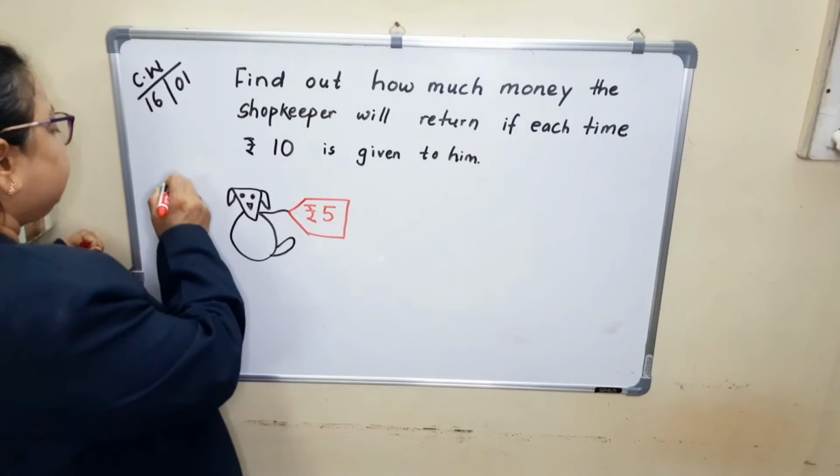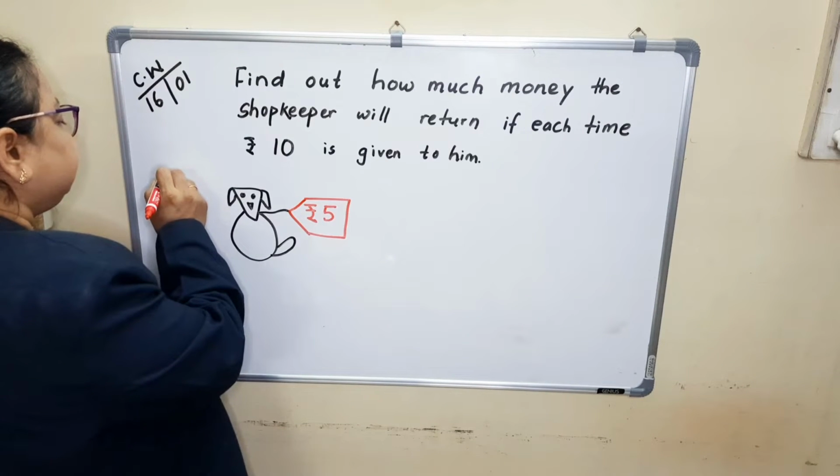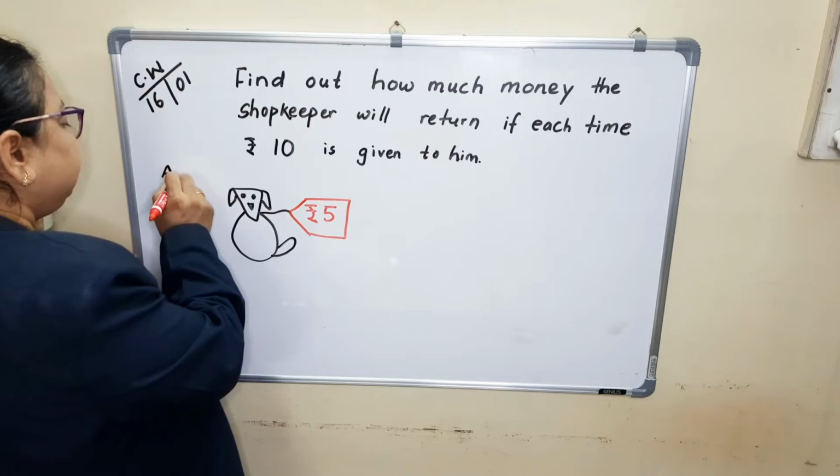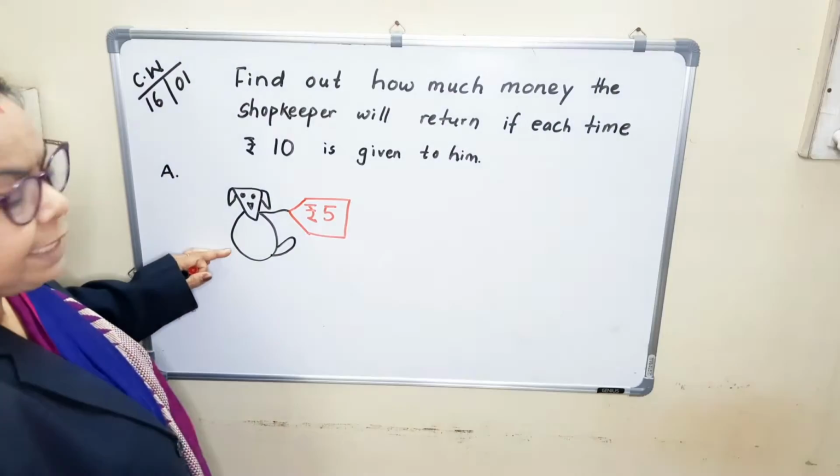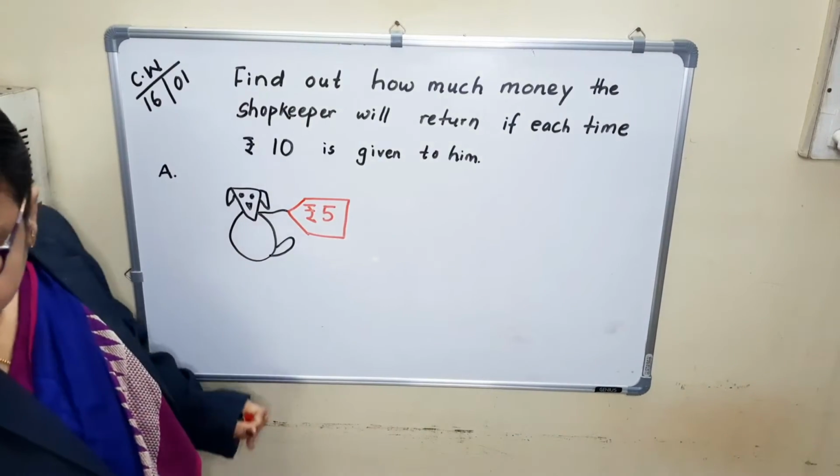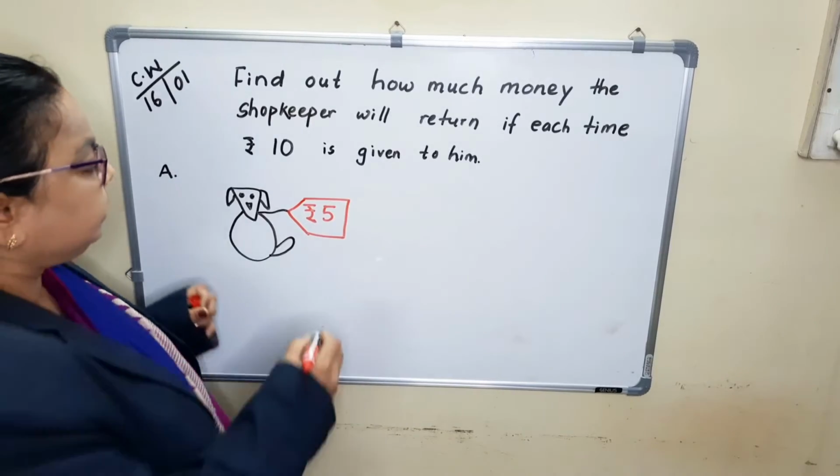Then in case 1, when I give the shopkeeper 10 rupees, children, what do I write?